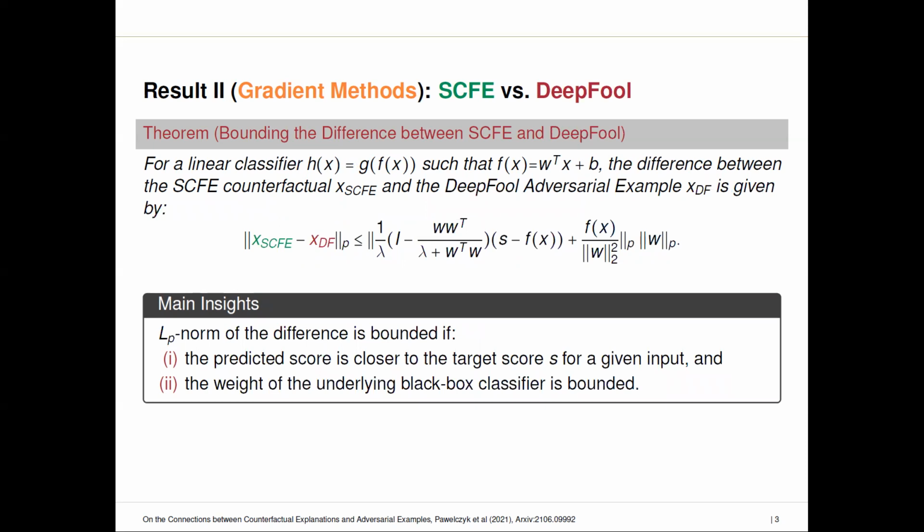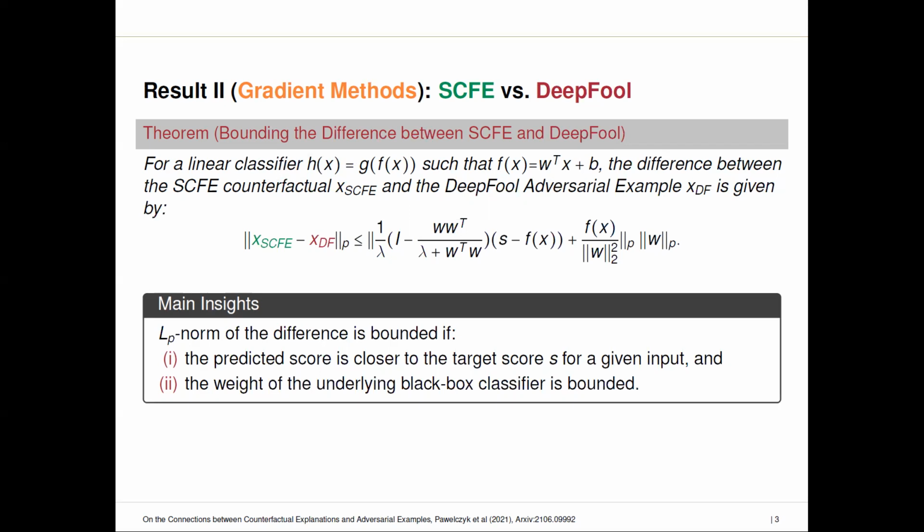Next, we compare the counterfactual explanations by Wachter with the adversarial examples by DeepFool. And again, for a linear classifier h(x) with logits given by f(x), the difference in p-norm between the counterfactual explanation method by Wachter and DeepFool is given by the formula on the bottom, which again depends on the method's hyperparameter lambda, the model weight w, the target score s, and the logit at x.